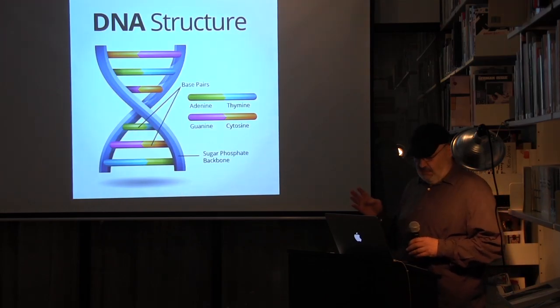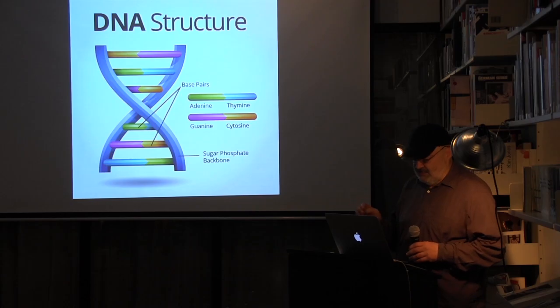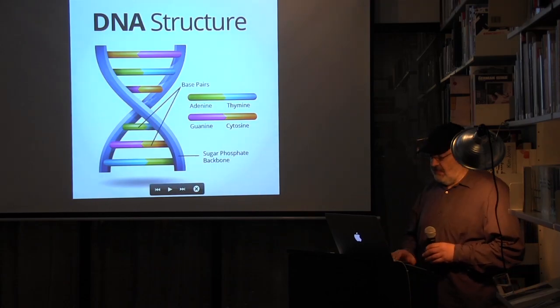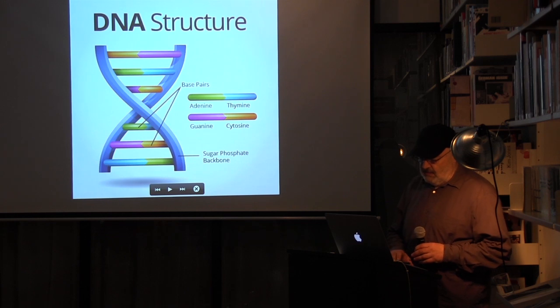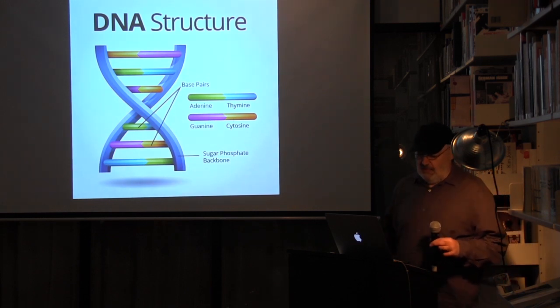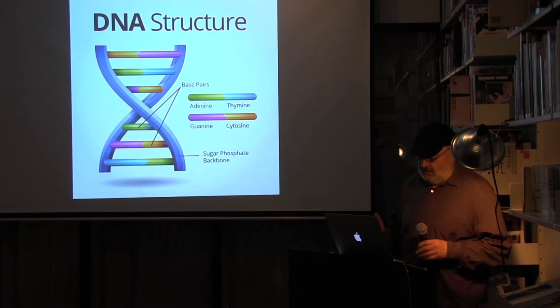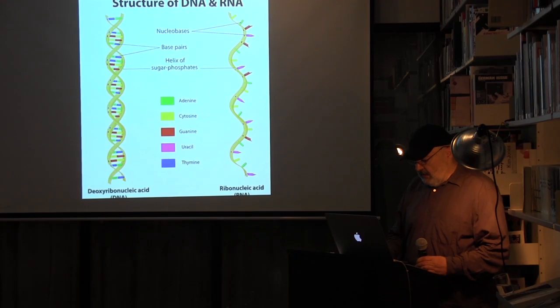There are four bases. And the base pairs are between bases adenine and thymine, and guanine and cytosine. These are the base pairs. So this is a fundamental structure of the DNA.